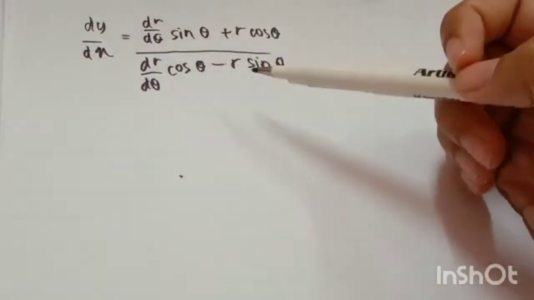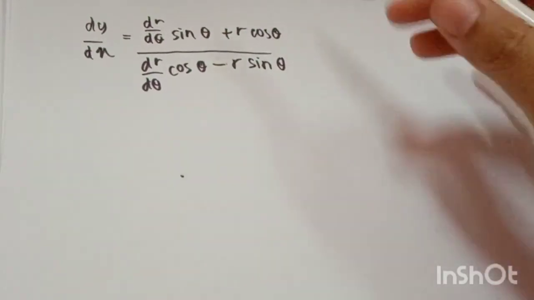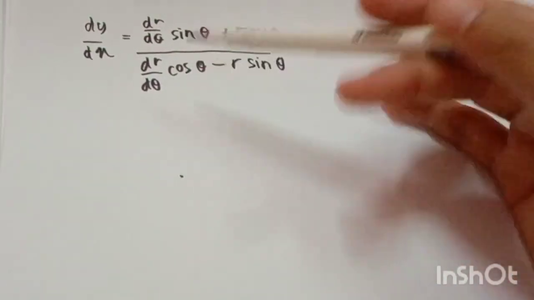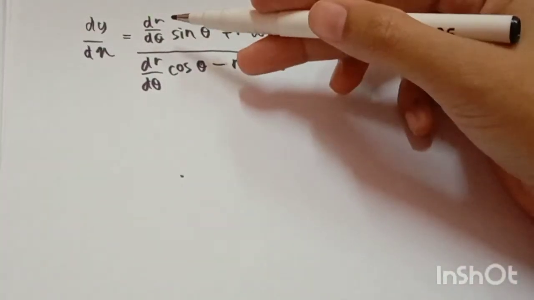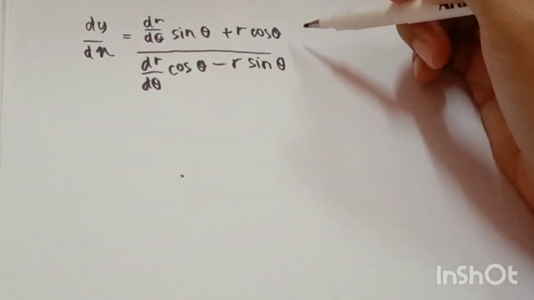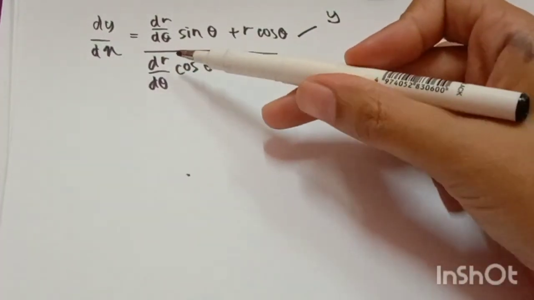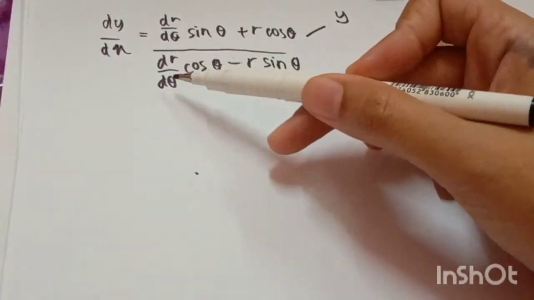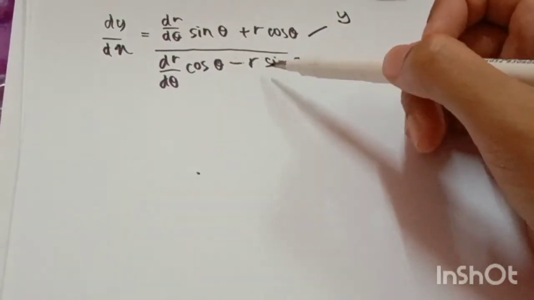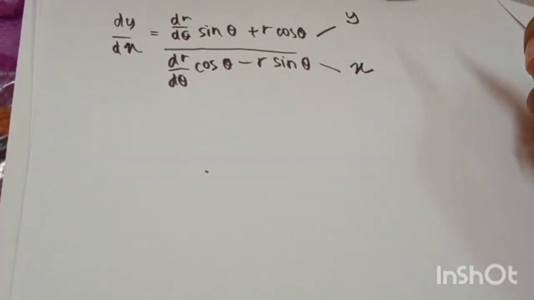Okay, we want to find the gradient of the tangent line to the curve r. So this is the formula of the gradient. We know that dr over d theta sin theta plus r cos theta is the numerator, and dr over d theta cos theta minus r sin theta is the denominator. Now let's do it.